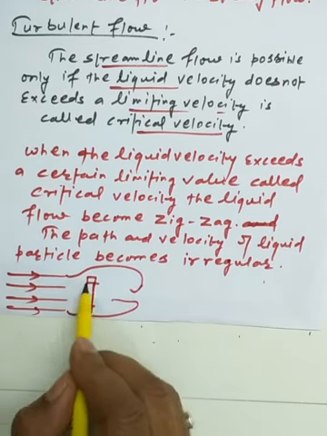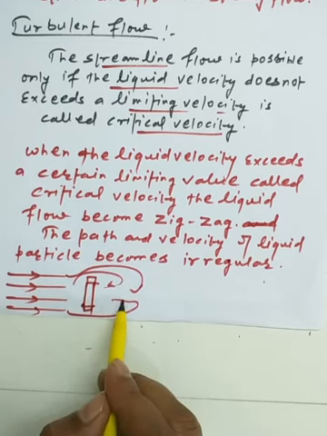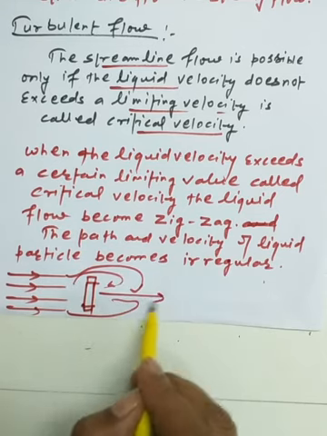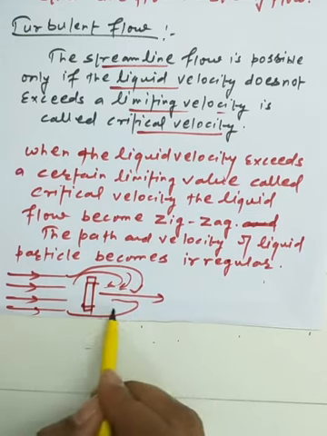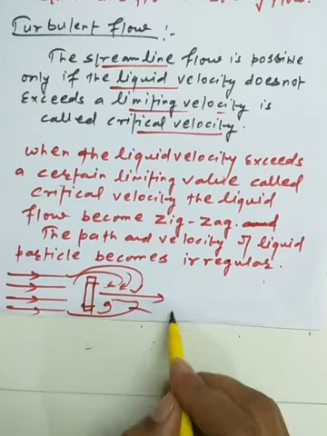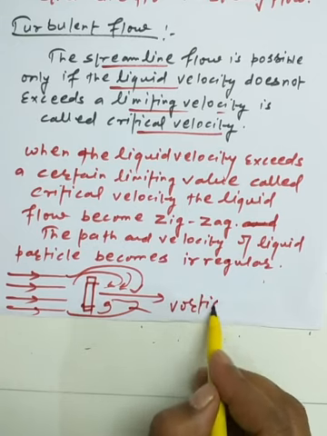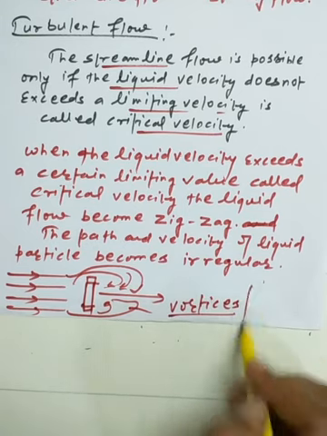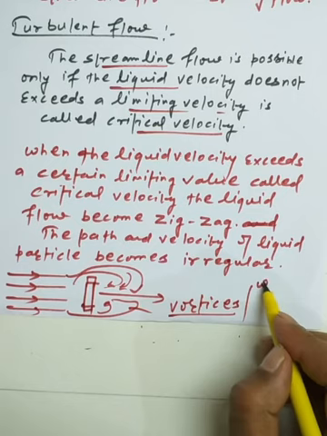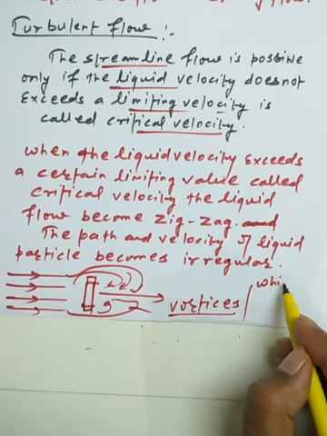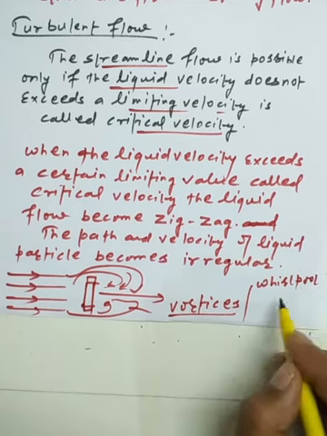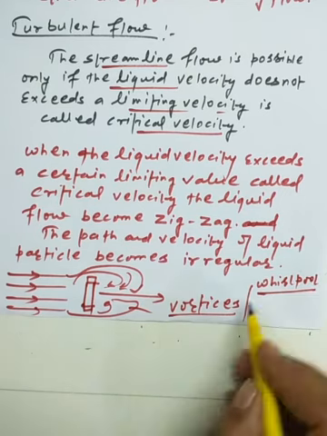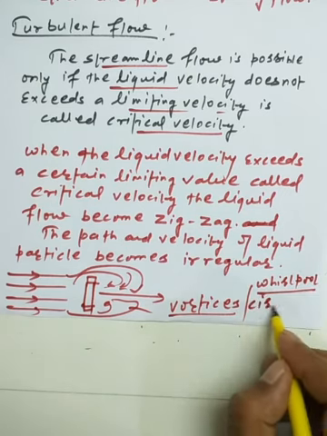So this kind of zigzag movement of the water will arise, and the water will make a forward movement, and these are known as vortices, and these vortices are known as whirlpools. The simpler name of the whirlpool is circulatory current.